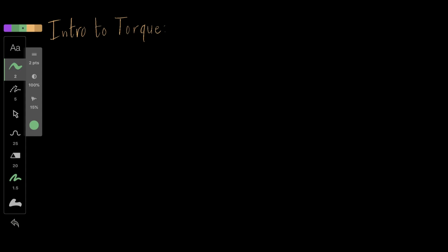But the thing is, that's just part of the story. The other part is force and momentum and all of that. And this is the first step in doing that. I'm going to be talking about torque, which is essentially the rotational counterpart to force. So, let's move on to actually explaining what torque is.